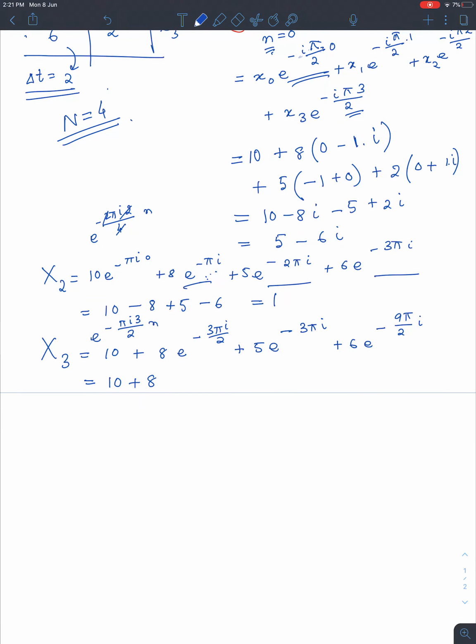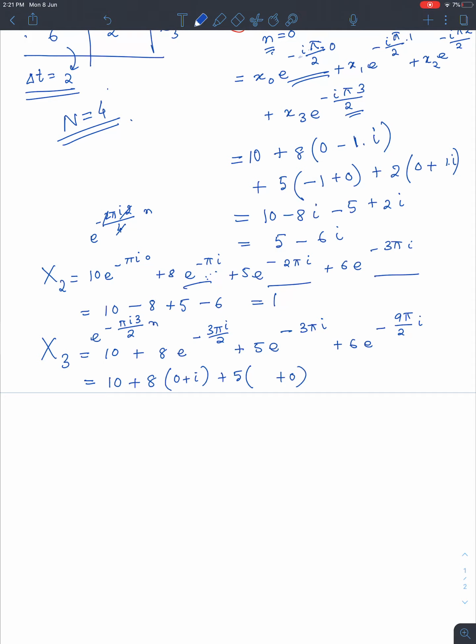So 8 into 3 pi i by 2 is what? It is just 0 plus i. Now 5 into, again cos is 0. Now 3 pi, again cos is positive and sine is 0. So what is cos 3 pi?